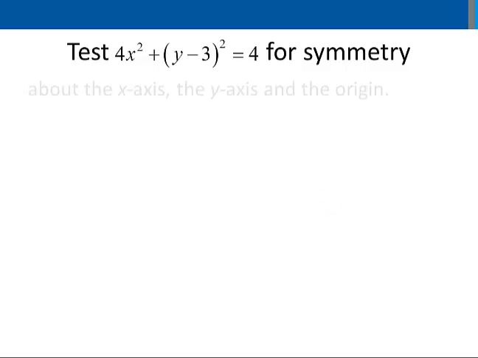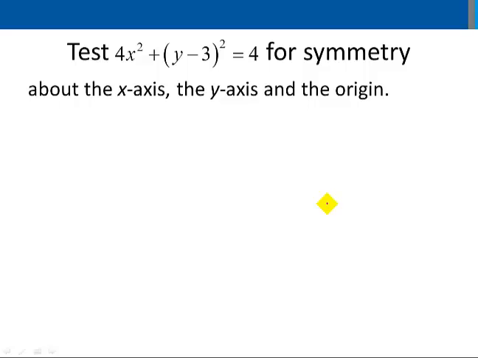Let's test an equation for symmetry about the x-axis, y-axis, and the origin. We have 4x squared plus (y minus 3) squared equals 4. I'll start with testing for symmetry about the x-axis, replacing y with negative y. What makes me a bit suspicious right off is I have negative y minus 3, and it makes me wonder if there's any way I could end up with the same equation as (y minus 3) squared.